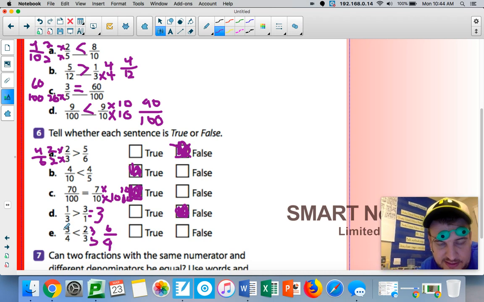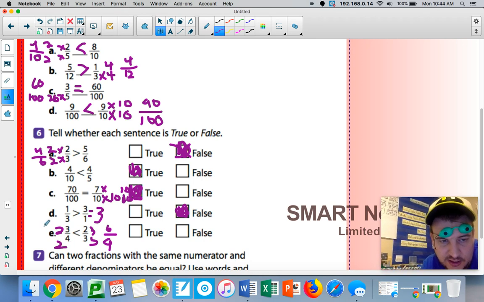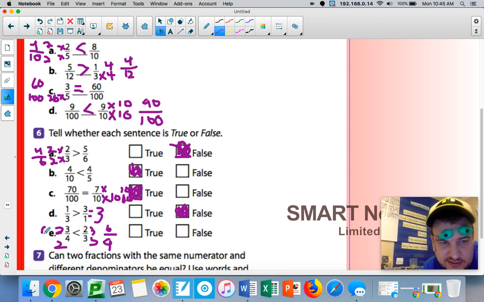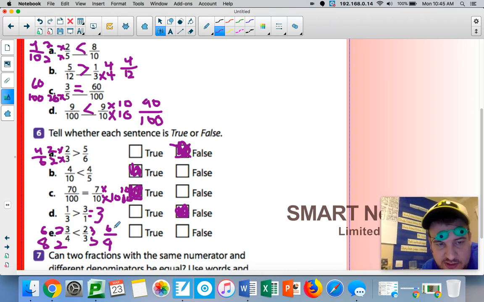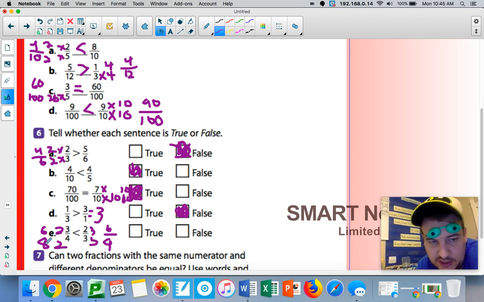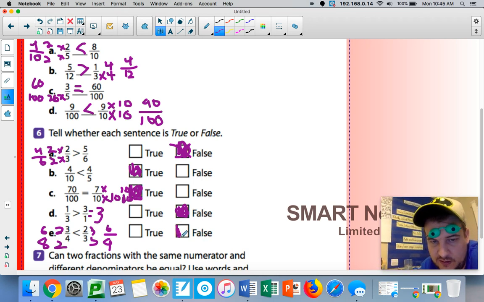I got to multiply this side times 2 and the denominator times 2, which would give me 6/8. Okay. When the numerators are the same, I look for the smaller denominator. 8 is smaller than 9. So that means that this is false. If you missed that one, I know what you did.